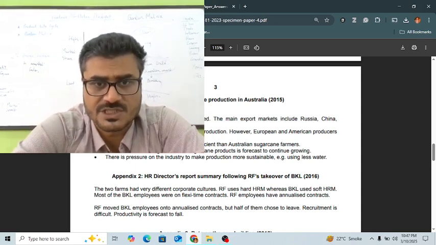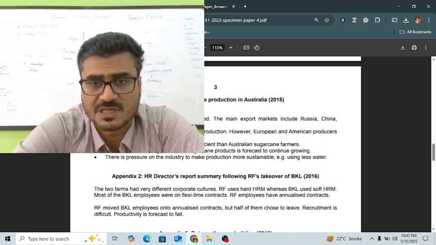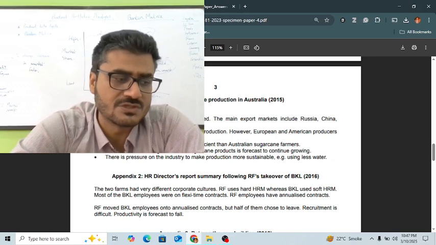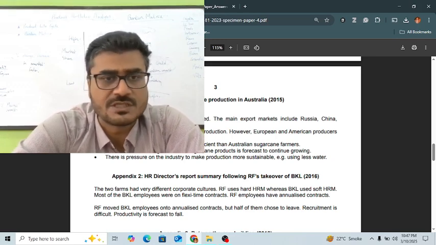There is pressure on the industry to make production more sustainable. This is a limiting point that you can use in your evaluation.